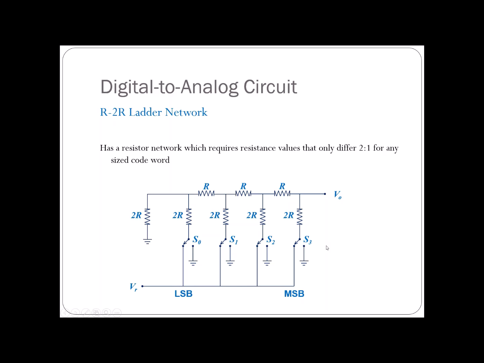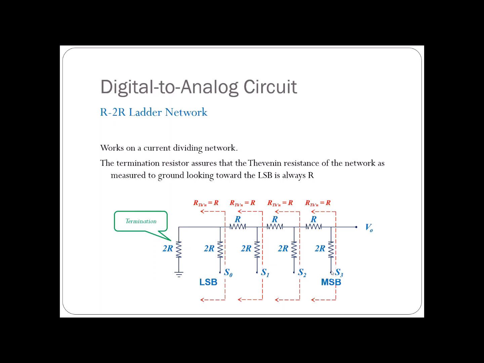So if S3 is active, that means the MSB is active there, and so on and so forth until the last bit. But then how does this R2R ladder convert the digital signal to an analog signal? Let's take a look at this analysis.